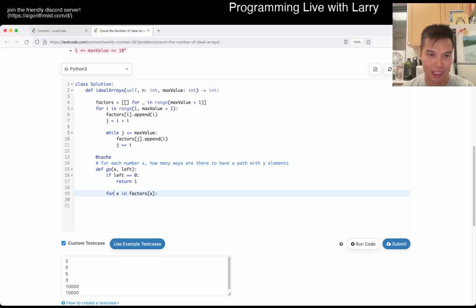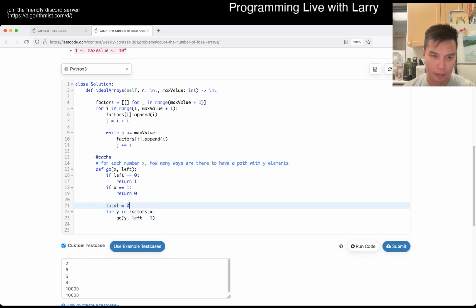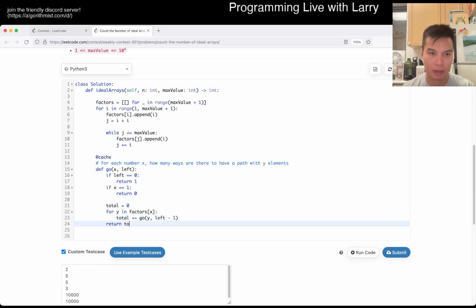No, that's just terrible actually. For y in factors of x, we take this path and then we subtract by 1, right? And this can be 1. If x is equal to 1, we return 0, right? Okay. I know I have to do mod. Hang on.